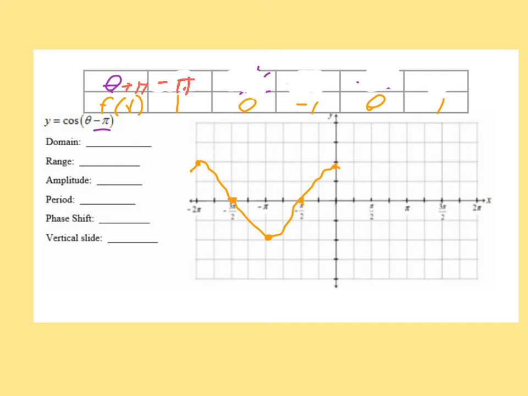What was before negative 3 pi over 2 is now negative pi over 2. What was before negative pi is now going to be 0. What was before negative pi over 2 is now going to be pi over 2. And what was before 0 is now going to be pi. So when I graph my transformed equation, my shifted equation, it's going to look something like this.